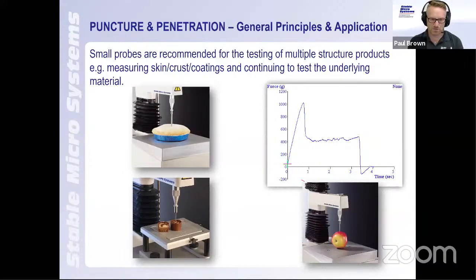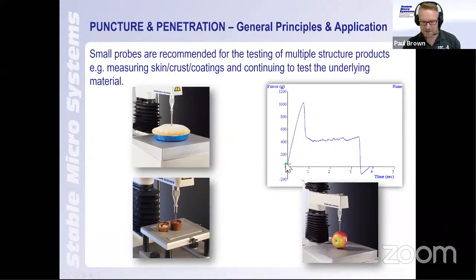One advantage of puncture and penetration is that, again, you can look at multiple areas of the graph, but also multiple areas of a product. We've got a couple of examples here of a pie and some confectionery with multiple layers, but an apple I think is very good. And this graph shows a very good representation of an apple.